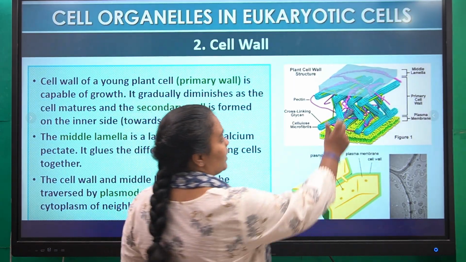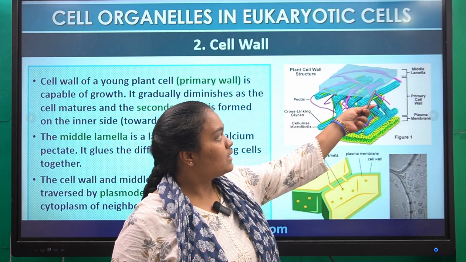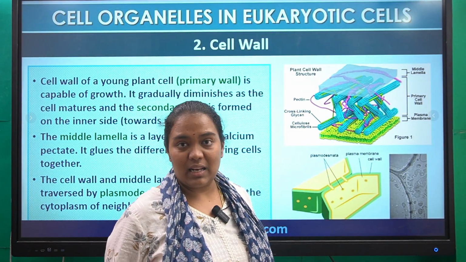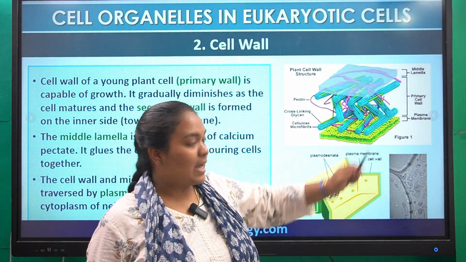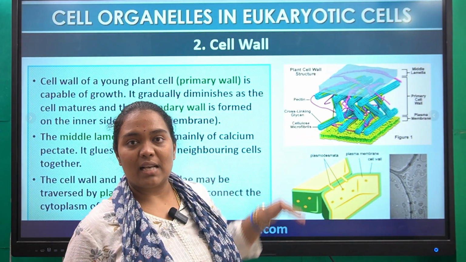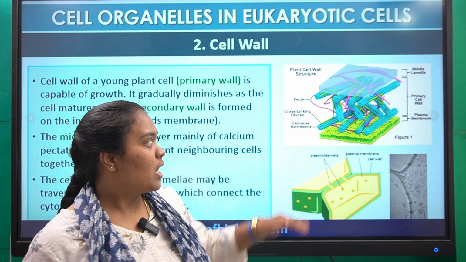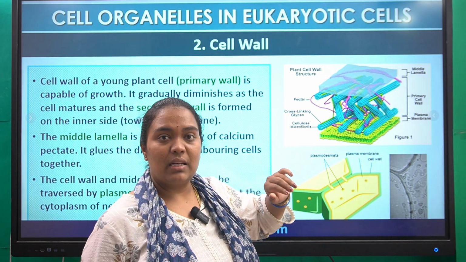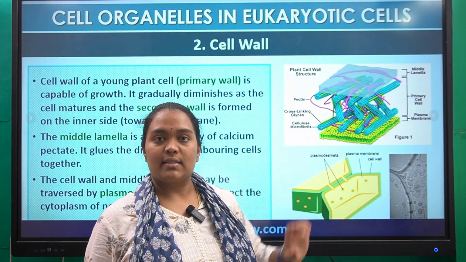So when you see, there are three layers in the cell wall. The outermost is the middle lamella. Then you can see the primary cell wall and the plasma membrane. This primary cell wall, which is towards the plasma membrane, becomes the secondary cell wall in the adult stage, and the middle lamella acts as a support for two adjacent cells.